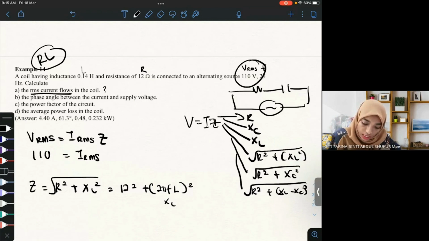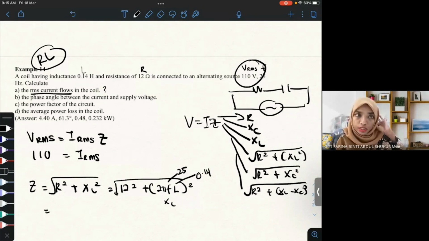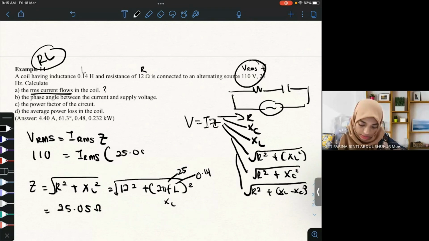And then substitute the frequency value of 25 Hz, inductor 0.4. And then press the calculator, you should get your Z as 25.05 ohm. Sorry, this is your impedance. So you can substitute it here.